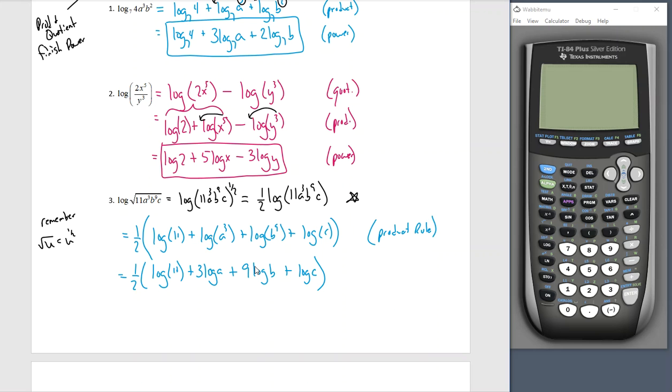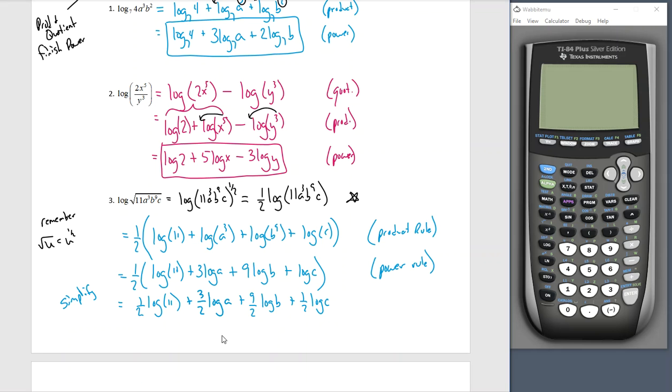And now we can distribute this half. We're going to call this the power rule because that's what it is. And this is just simplify. That's 1/2 log of 11 plus 3/2 log of a plus 9/2 log of b plus 1/2 log of c.